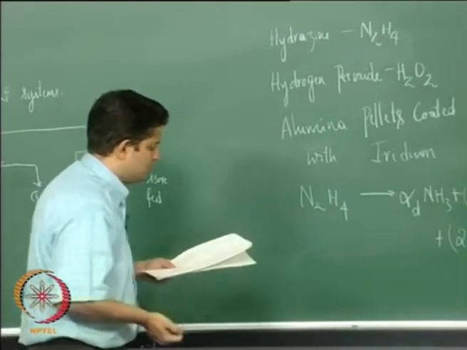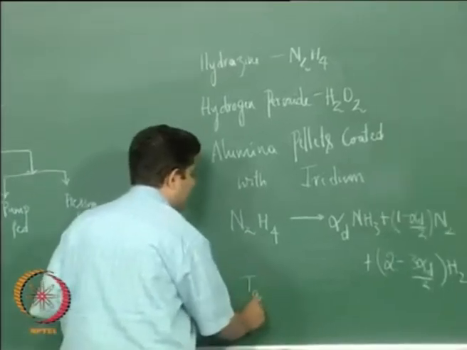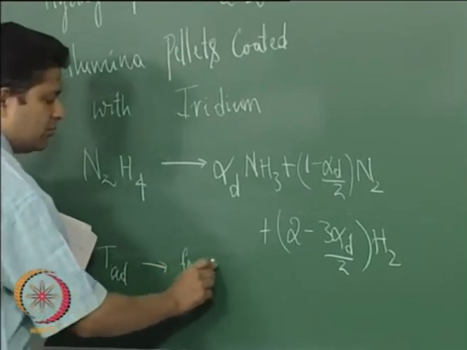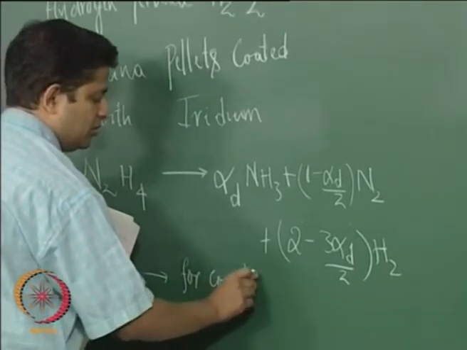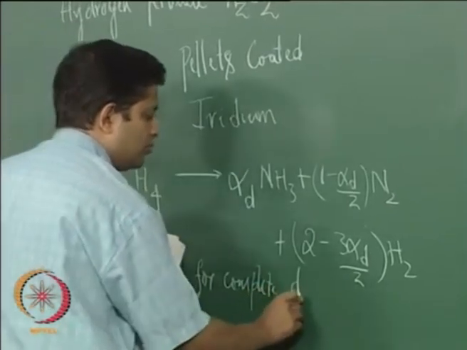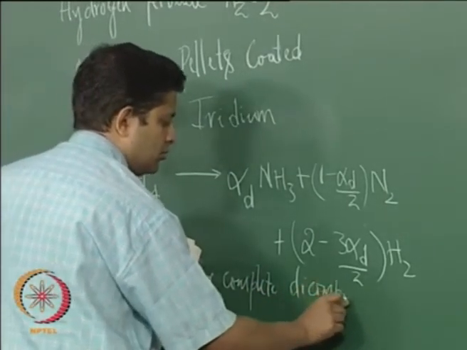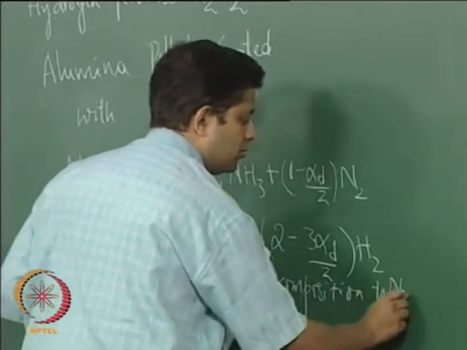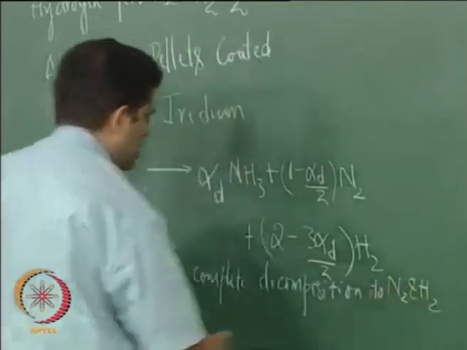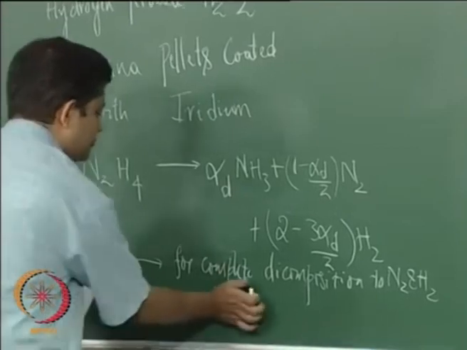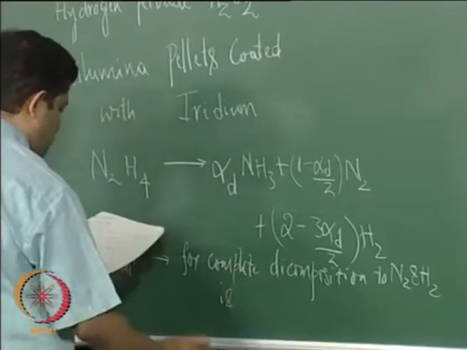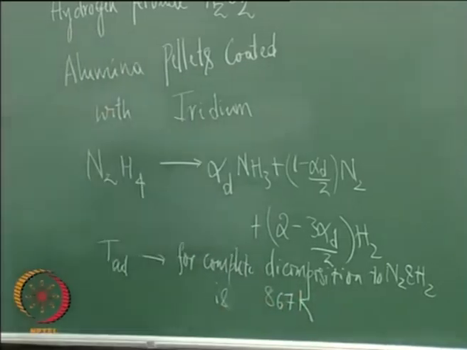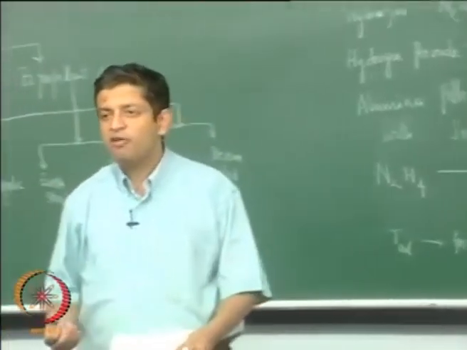Typically the T adiabatic, if it completely decomposes, is something like 867 Kelvin, but you won't want that kind of low temperatures.